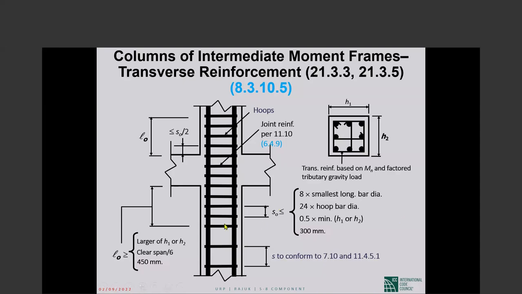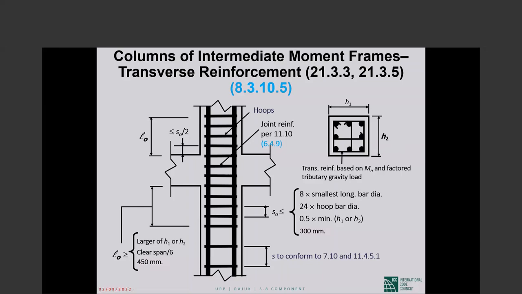Outside of the potential plastic hinge region, we go with chapter 7 spacing, which would be 12, 14 inches. We don't have 6 bar diameters or 6 inches, whichever is the shorter of the two. And very, very importantly, no minimum cross-sectional area requirement on the transverse reinforcement.